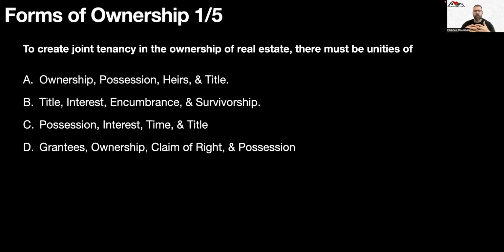It reads, to create joint tenancy in the ownership of real estate, there must be unities of. This is laid out exactly how the exam will be laid out, multiple choice. The answer is C. It's possession, interest, time, and title. One of the big pieces that I look for was mainly time, right?